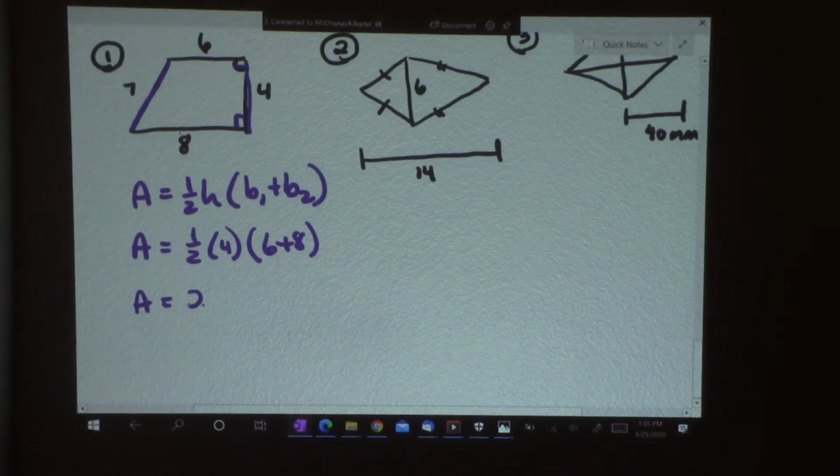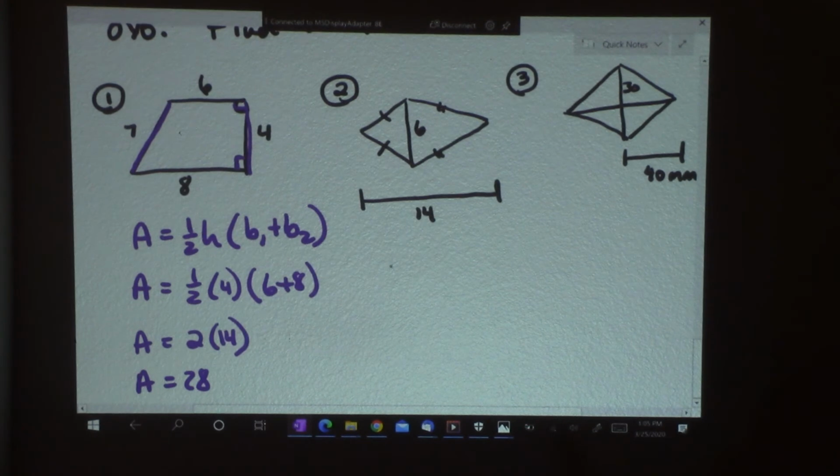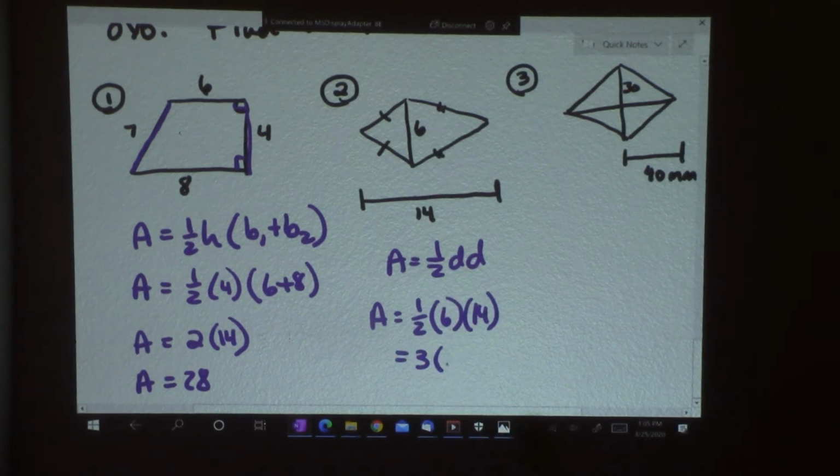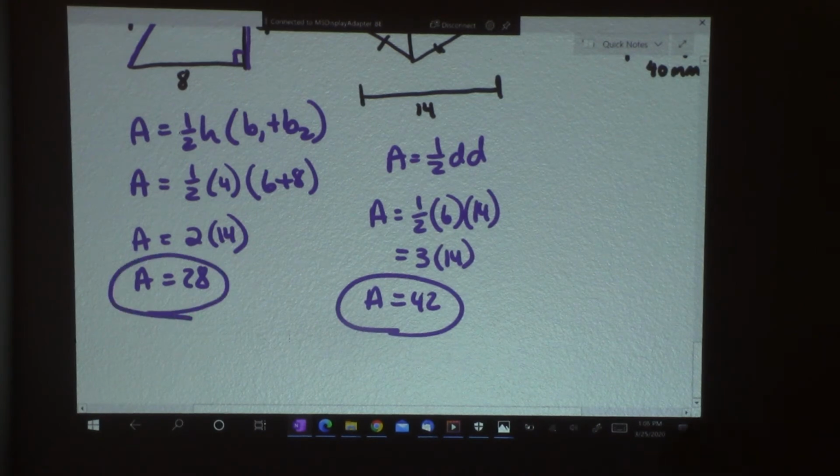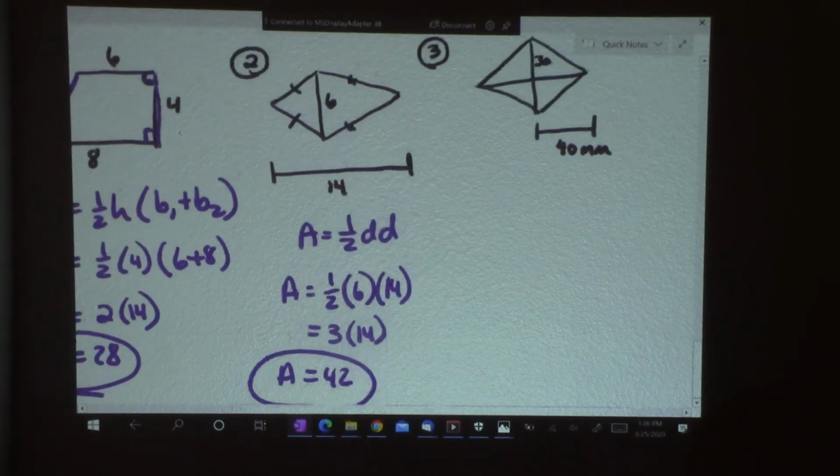So that works out to be 2 times 14, which is 28. All right, now this one is the area of a kite, and I'm going to have 1/2, 6 times 14, which is 3 times 14, and that gives me 42. I want to show all our work, always.